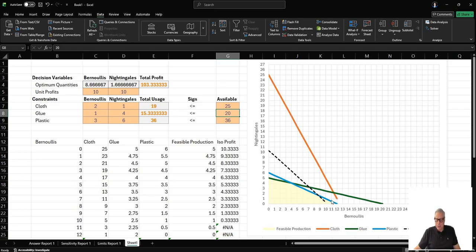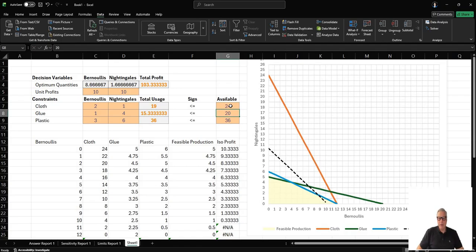The constraint that bites the most is now the plastic constraint. So we can only expand cloth by 6, and then we will increase 6 times the profit by 3.33, so total profit should go up to 120.